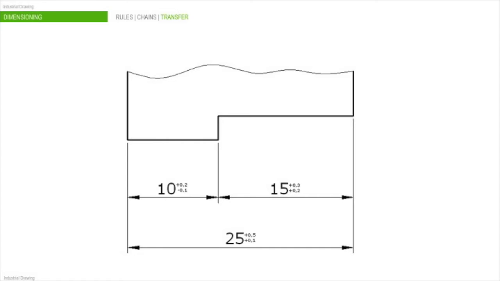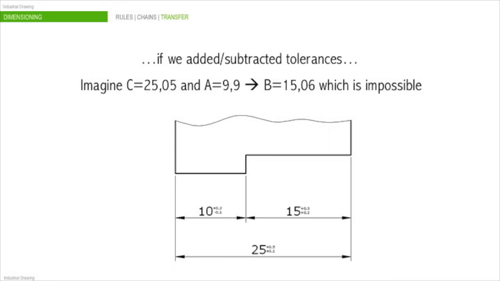In this case, we cannot add upper deviations and lower deviations to get the final, in this case, 25 plus 0.5 and 25 plus 0.1. That's not correct. Why? Well, if we added or subtracted tolerances, we could get these values.